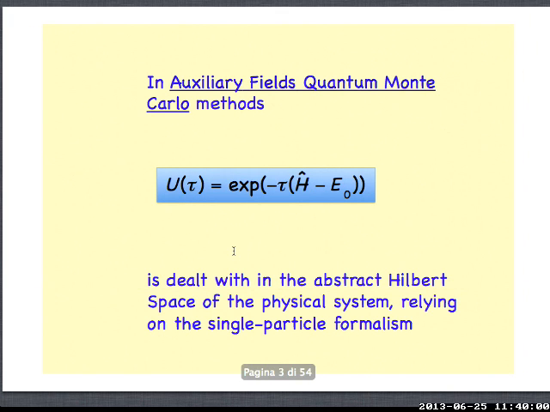In the auxiliary field techniques, such operator is not dealt with in the configurational space, as in typical Monte Carlo applications, but is dealt with in the Hilbert space of the physical systems, relying on an arbitrary basis of one-particle states.